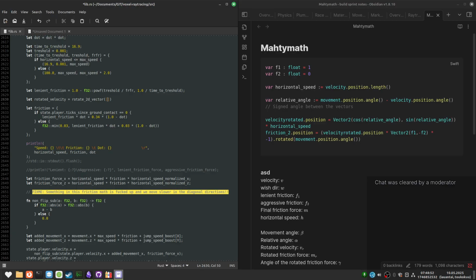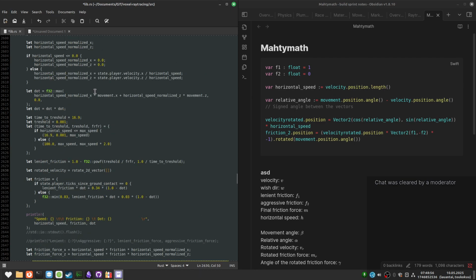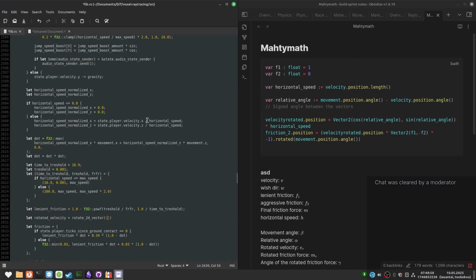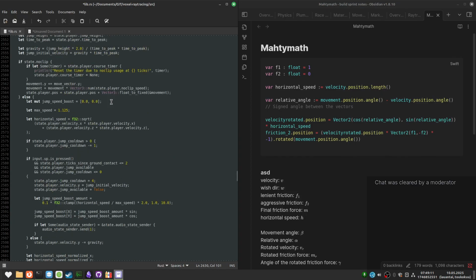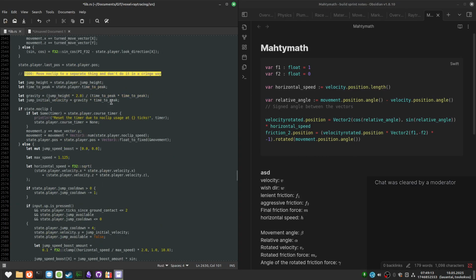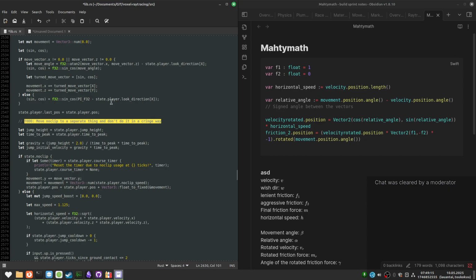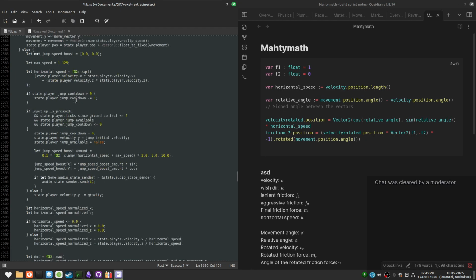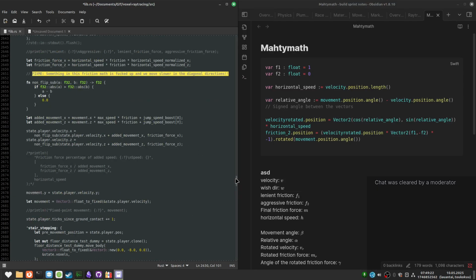And we take, where's our velocity? What angle do we rotate it by? We rotate it by the movement angle. Well, I already have the sin and the cosine, honestly.